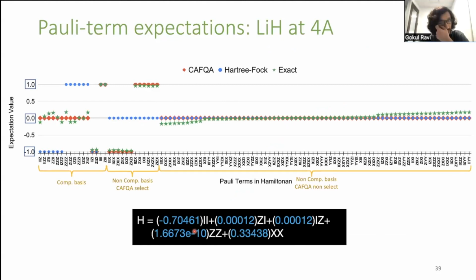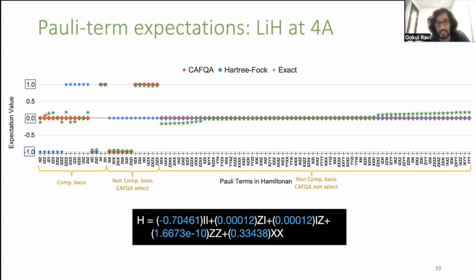And this is a more detailed example of the result CAFQA produces. I won't get into too much detail over here, so I will just talk about CAFQA versus exact. So we can see that for each of these Pauli terms, which is shown in the x-axis, and these Pauli terms are basically the terms in your Hamiltonian, the green stars are basically the expectation value produced by an ideal method on each of these Pauli terms.